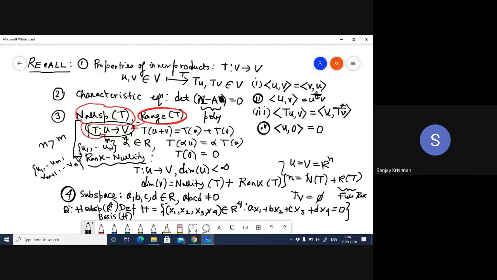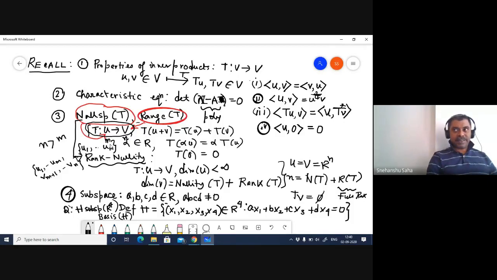Sir, one question. You've written the set U1 to UM and then VM plus 1 to VN. But U is from a vector space of a different dimension, right? Yes, that is fine.